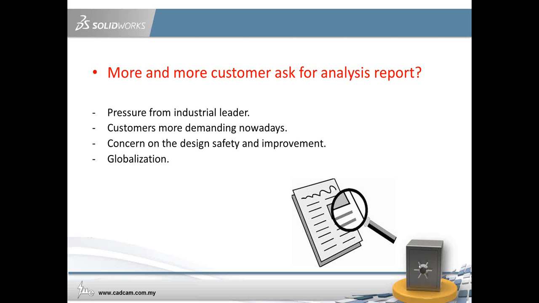The reason behind this is that they want to improve the quality of their design. That's why they are more demanding. And this is again driven by ourselves as consumers, because we want a safer car, something more reliable, and this pressure goes to these manufacturers, and they channel it down to the first tier, the second tier vendors. So that's why the concern about design safety and improvement is there.